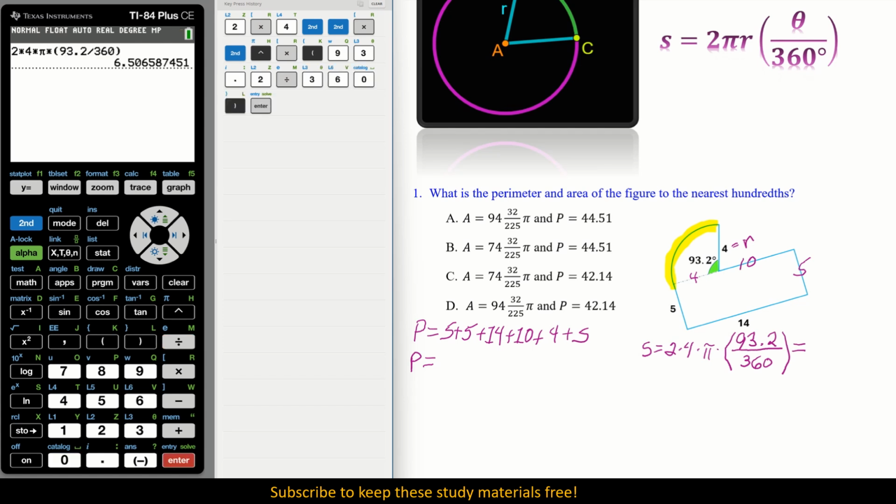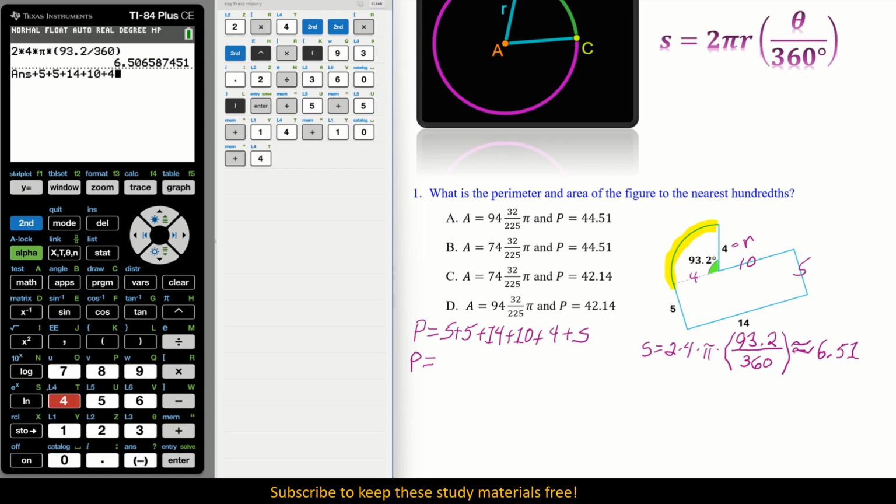And that is going to equal just about 6.51. Now let's add everything together. So that's plus 5 plus 5 plus 14 plus 10 plus 4.